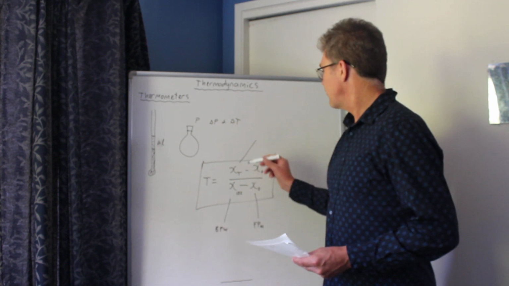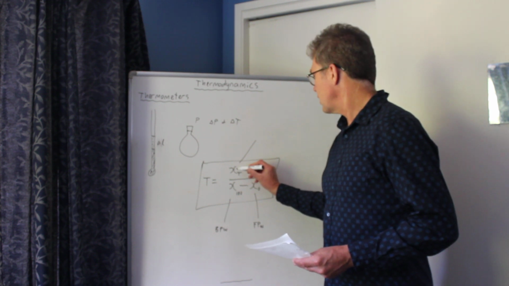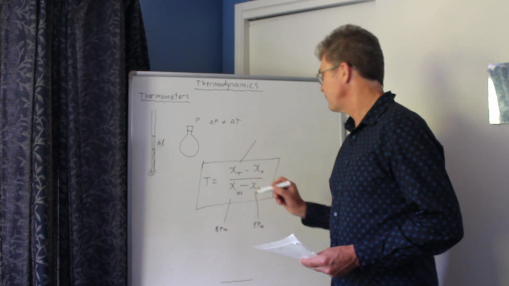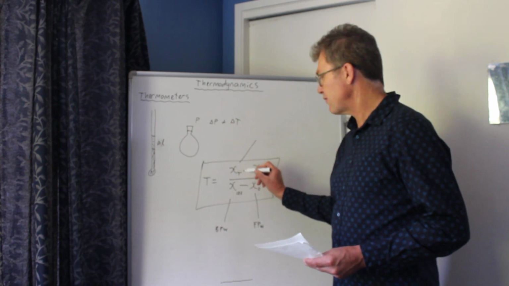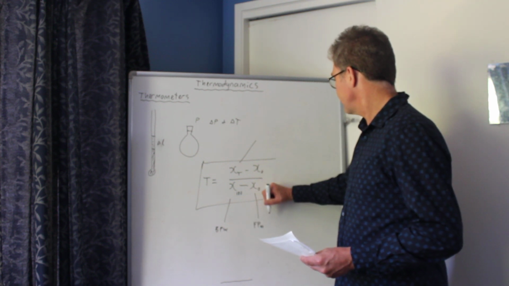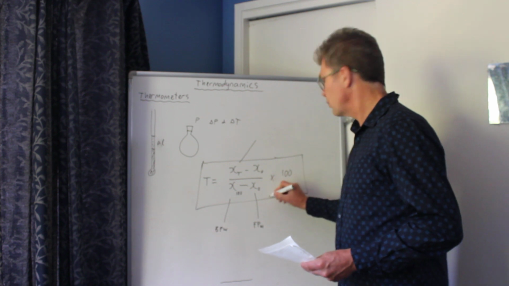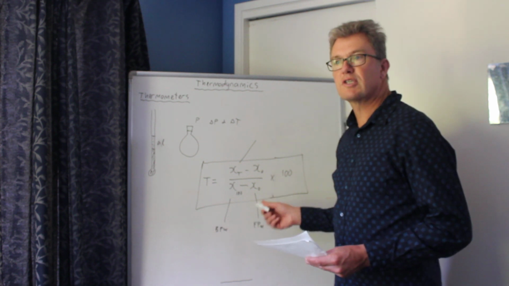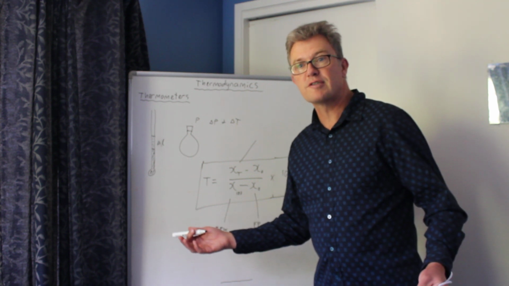So at 50 degrees Celsius, this quantity here is going to be halfway in between that and that, which means the numerator here will be half the size of the denominator. Of course we then have to multiply this by 100, so that gives us a scale between 0 and 100, which is what we want for the Celsius scale.